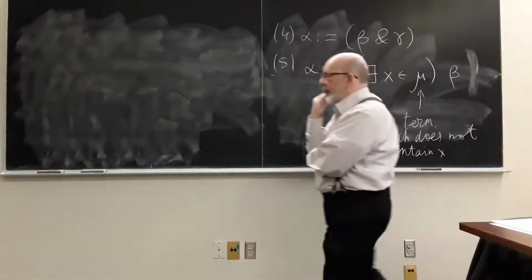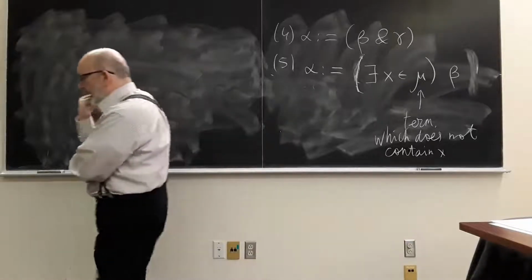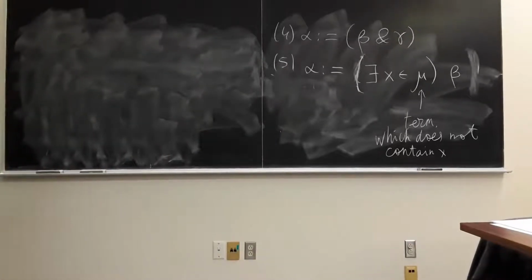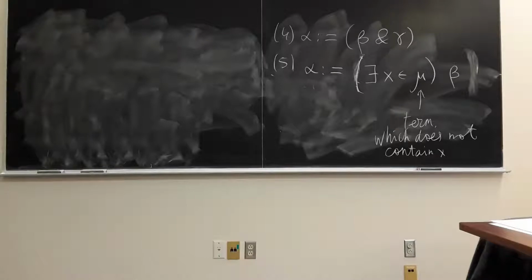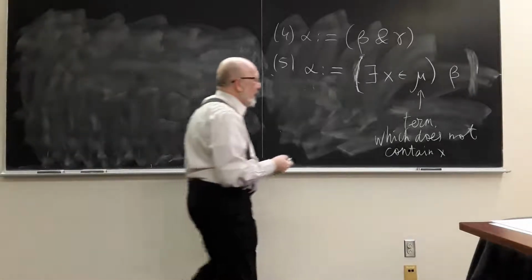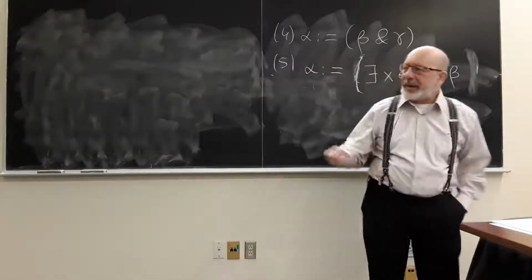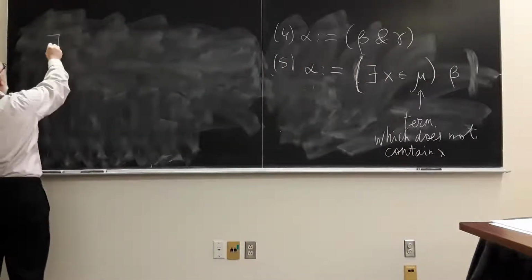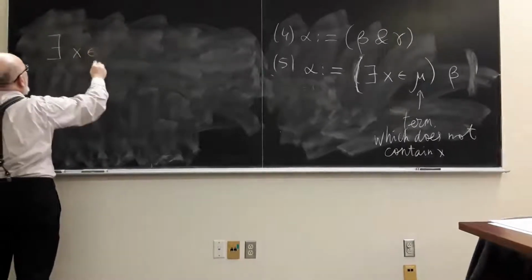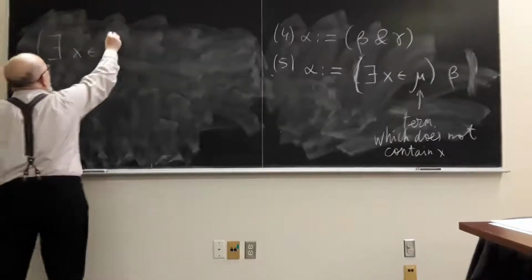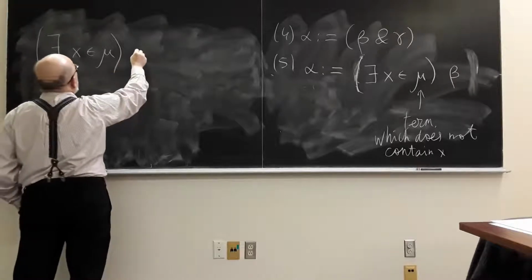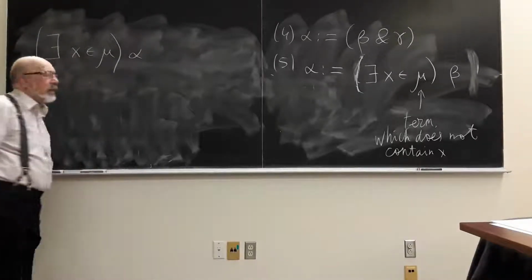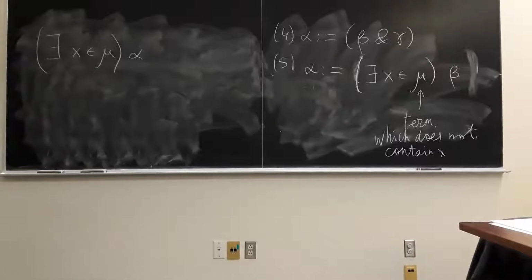As I said, a formula can contain terms, and terms contain constants and variables. There exists x in mu, if you consider this formula, such that you have some formula alpha.